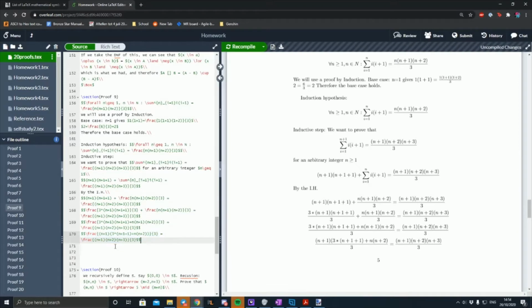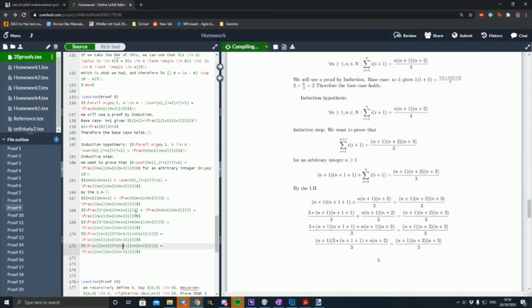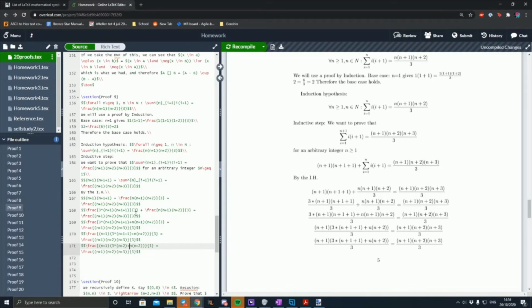And then we have 3 times n plus 1 plus n plus 2 plus n plus this thing. I'll actually do that up here already, because then I can say this is 3 times n plus 6 plus n squared plus 2n.